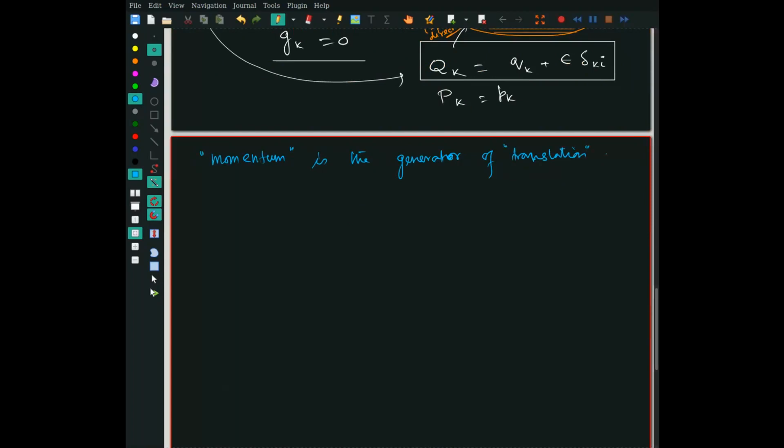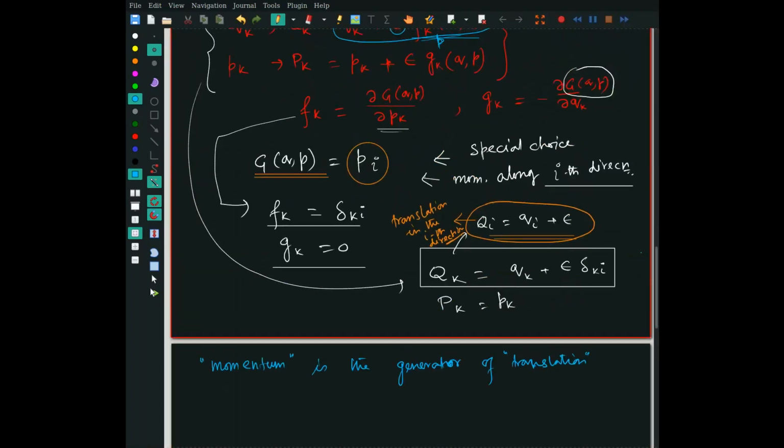I put translation and momentum under quotes because if my momentum is linear momentum, then the translation is a linear translation, because this q_k is just like x, as I said. But if it is an angular momentum, then the corresponding coordinate is like theta, the angular coordinate, and a translation in the angular coordinate is equivalent to a rotation.